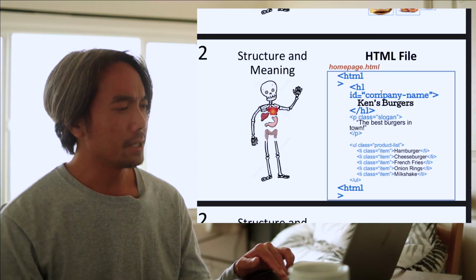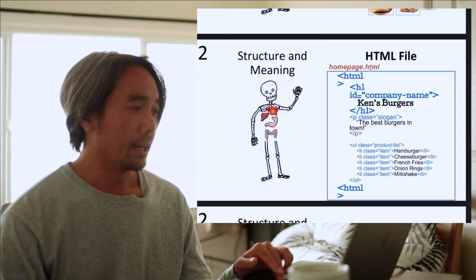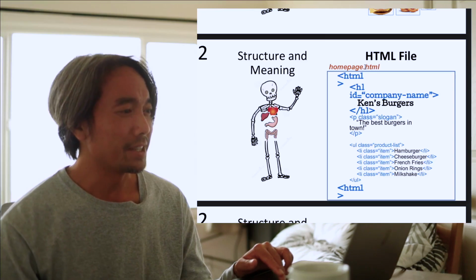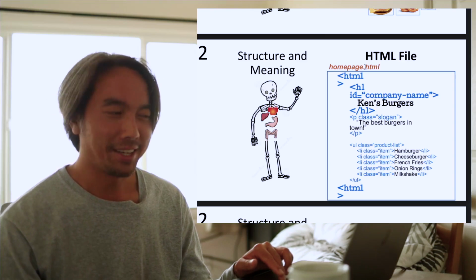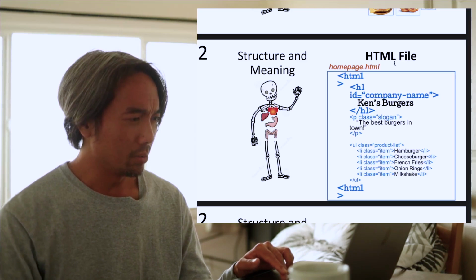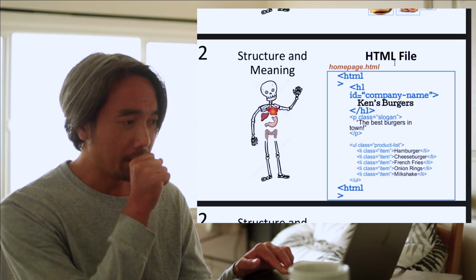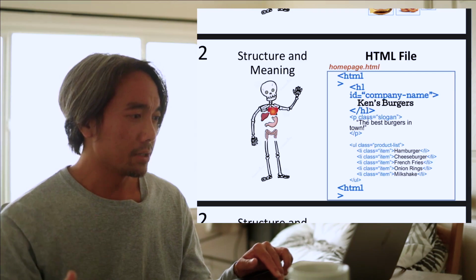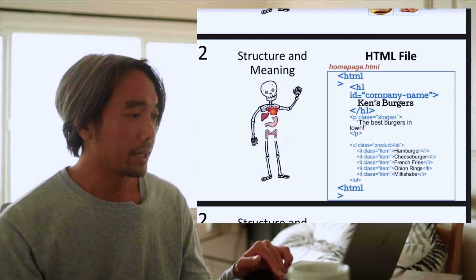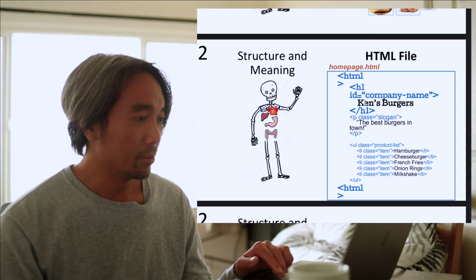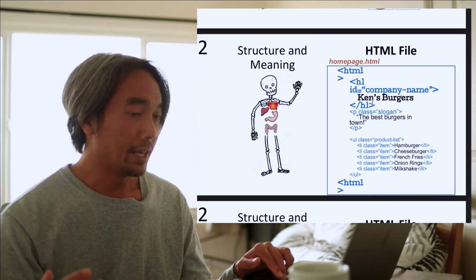Okay, so what is the HTML file? HTML stands for hypertext markup language, and we'll get more to why they call it that later. But pretty much in your HTML, you're organizing your data. For example, we're saying here that our main title with the H1 tag, which we'll talk more about later, is my main title.